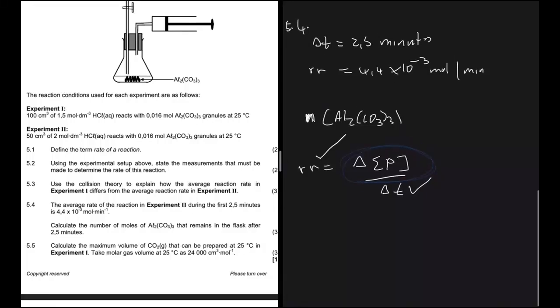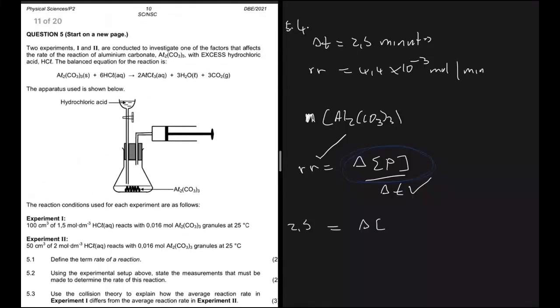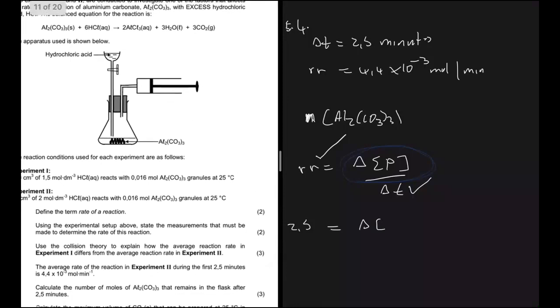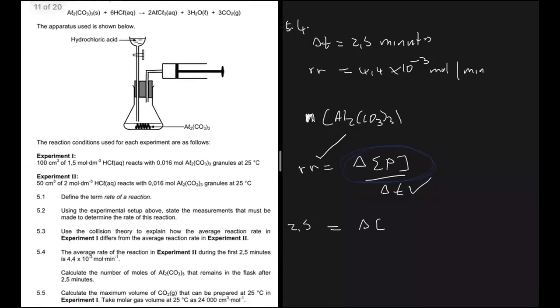So, okay, let me move on. The reaction time is said to be 2.5 minutes, and then the change in the product is what we're given. But if you pay close attention here, aluminum carbonate is actually not the product but the reactant, right?